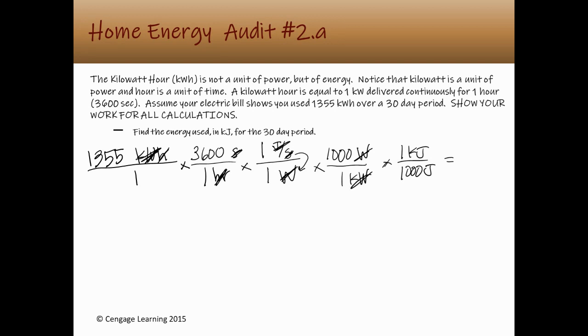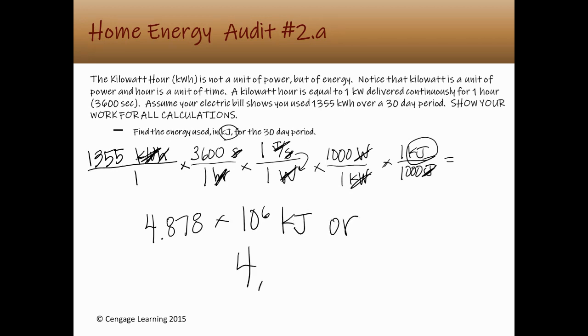Kilowatts, joules cancels here. We're left with kilojoules, which is the unit that they want us to answer in. And if you do all the math, multiply across the top, multiply across the bottom, you're going to get 4.878 times 10 to the 6th kilojoules, or 4,878,000 kilojoules. Okay, that's our answer.